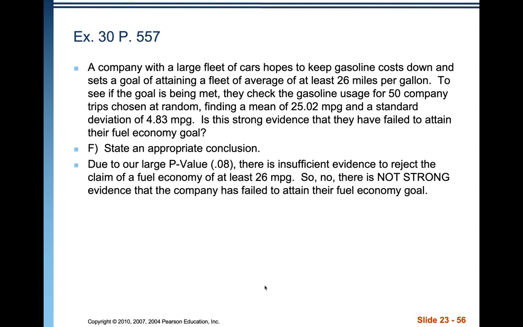So my conclusion is going to be as follows. Due to our large p-value, 0.08, there's insufficient evidence to reject the claim of fuel economy of at least 26 miles per gallon. So there is not strong evidence that the company has failed to attain their fuel economy goal.